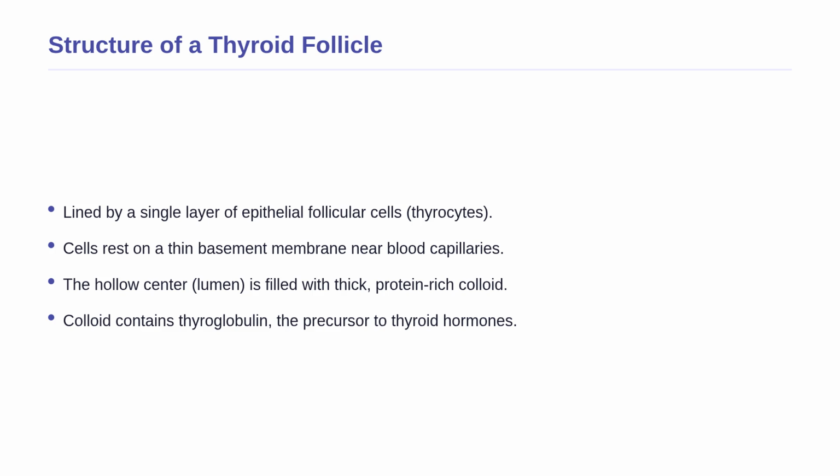They rest upon a thin basement membrane, separating them from surrounding blood capillaries. The hollow center of this follicle, called the lumen, is completely filled with a thick, gel-like substance called colloid. This colloid is primarily made of a massive glycoprotein called thyroglobulin, which serves as the storage form of thyroid hormones.